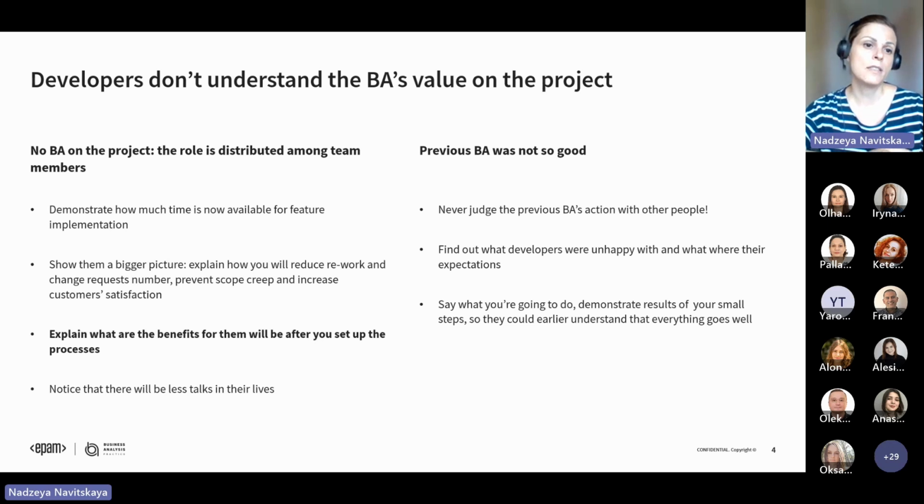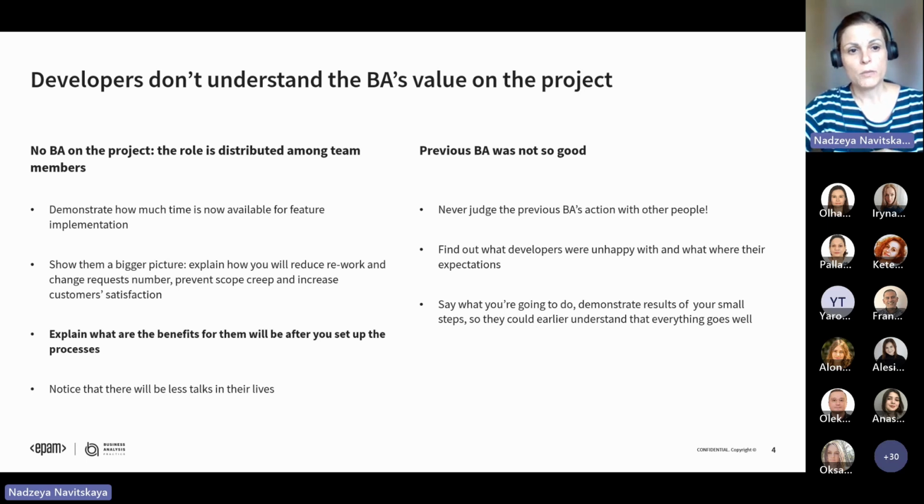The first variant is that there was no business analyst on the project, so the business analyst role was distributed among team members, and developers just don't know how they can help the team. The second case is that they did have experience working with business analysts, but some of their previous business analysts were not so good. So that's why they don't value business analysts, because the experience wasn't so good.